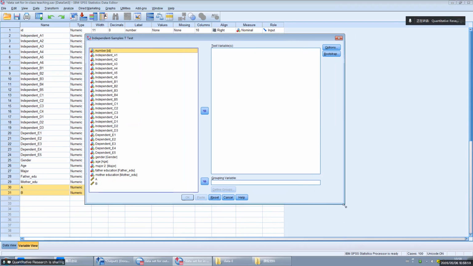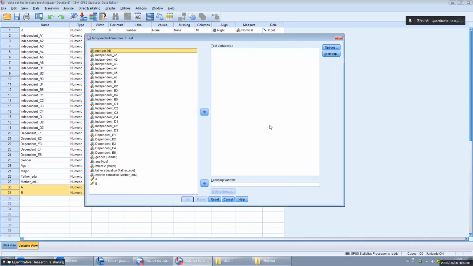So we have two blocks, big and small. Which variable should be put in this place? I want to examine gender differences in A. So which variable goes in here?